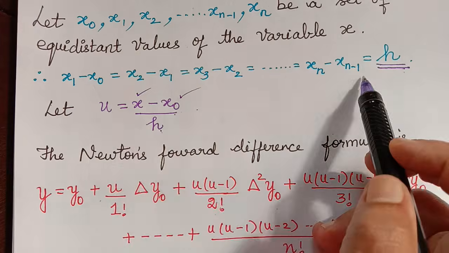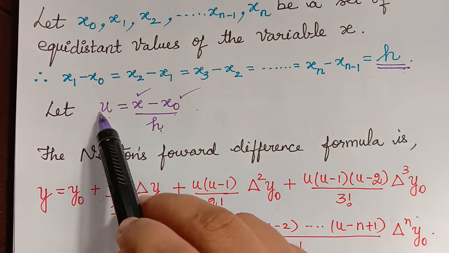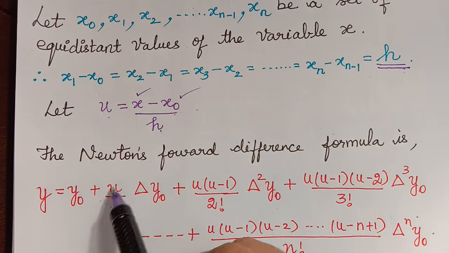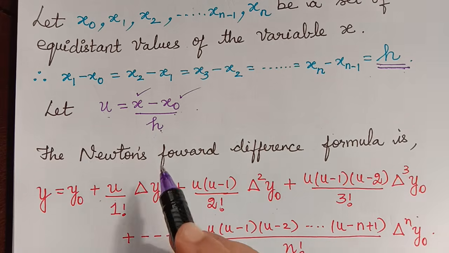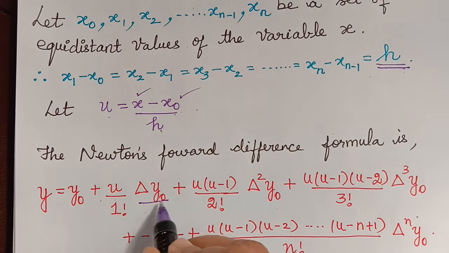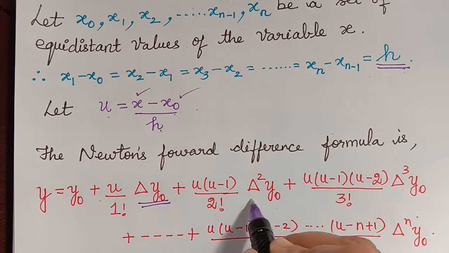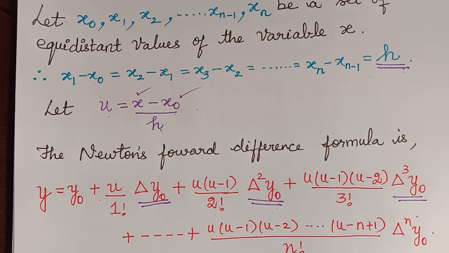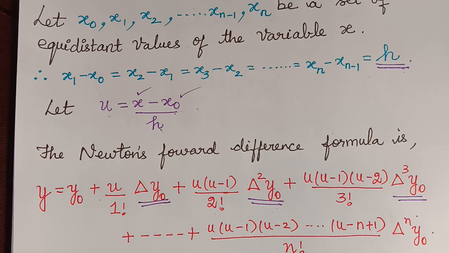So after finding h, we have to find u, and after finding u, we have to substitute in this formula. But before this, we have to form a difference table where we will be finding the differences delta y naught, delta squared y naught, delta cube y naught, and so on. Let us deal with this with the help of an example.